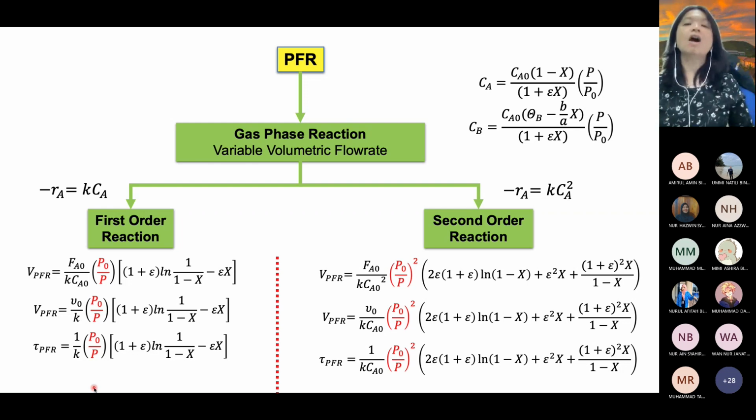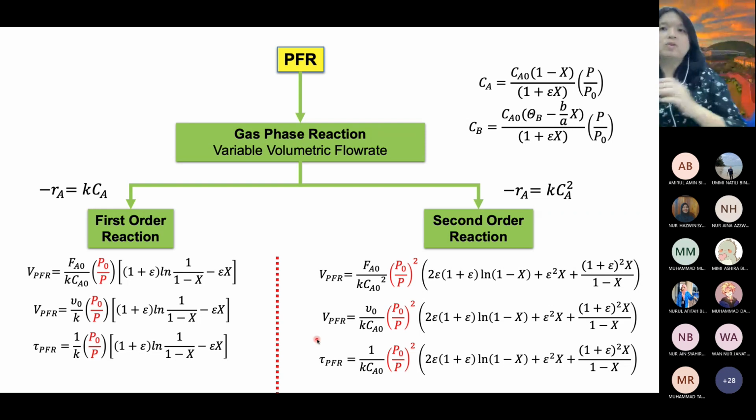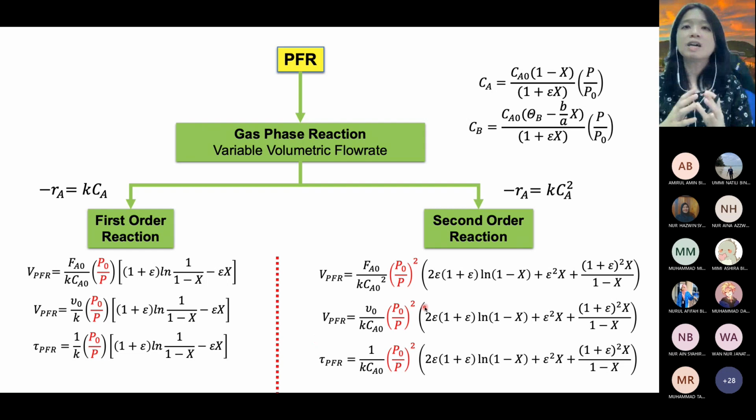Maksudnya untuk PFR, untuk CSTR, design equation gas tu dah kena ada tambah part P0 per P untuk first order, dan second order, dia akan jadi P0 per P kuasa 2. Okay, so this equation saya tak provide kepada kamu. Saya hanya provide yang tadi yang saya kata basic equation yang tak ada P0 per P tu. So, bila ada, kamu kena tahu sendiri macam mana kamu nak tambah bahagian P0 per P dalam equation kamu.